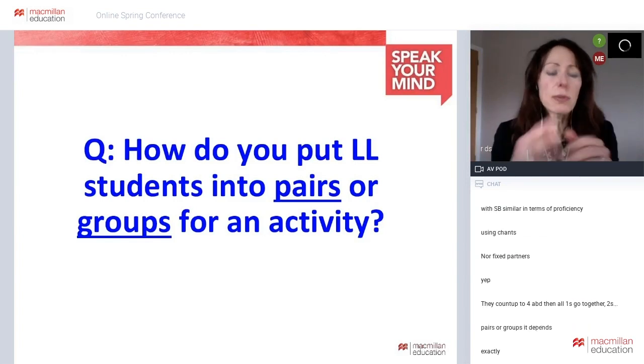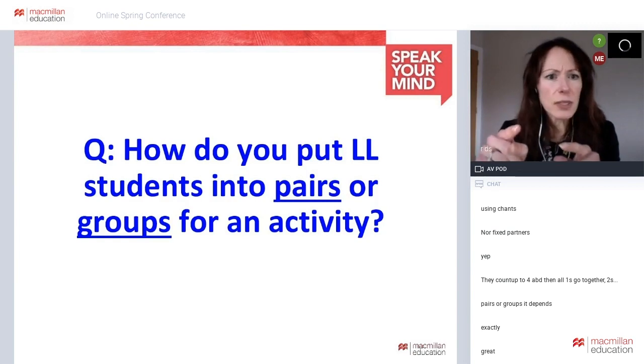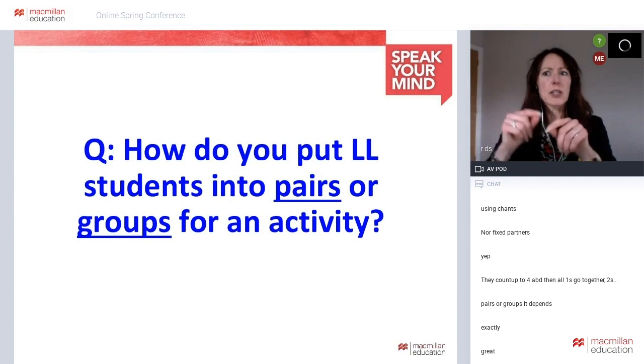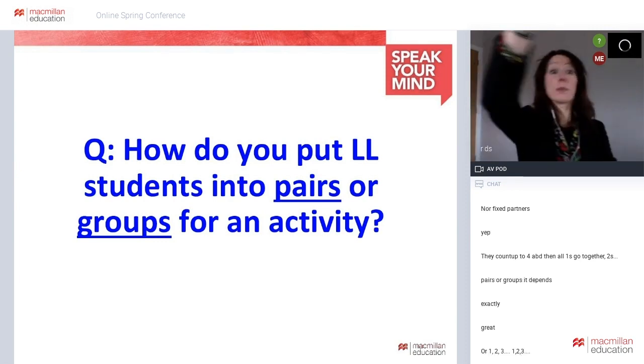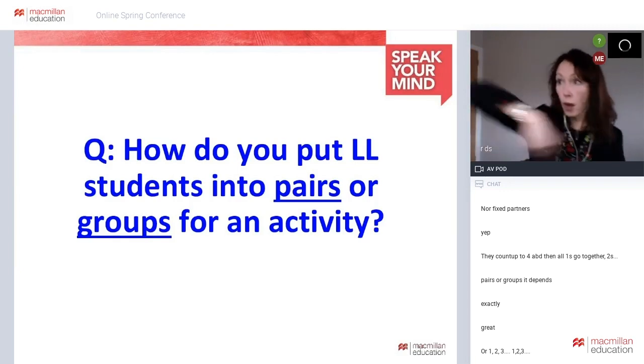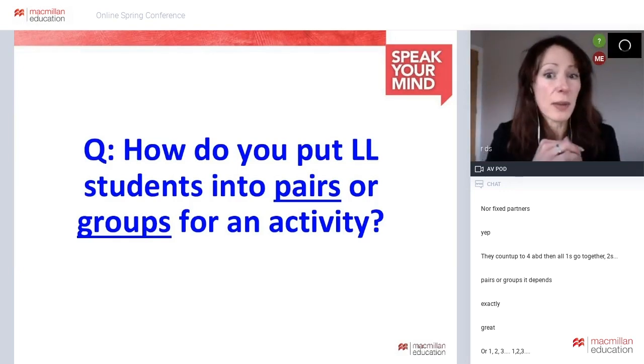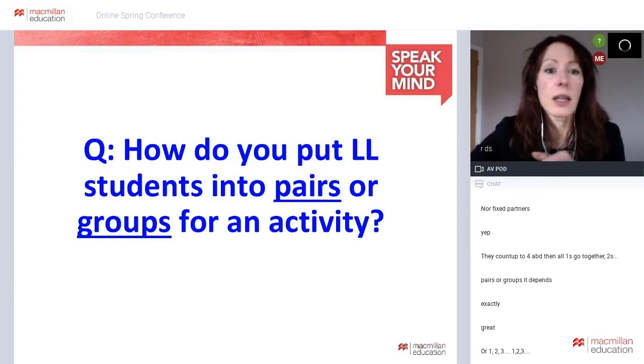And the same with groups. A few people have asked about levels and getting people into groups. So you could mix and match here and say student A, student B, student C, student D, 1 group. And mix and match them and put them together.